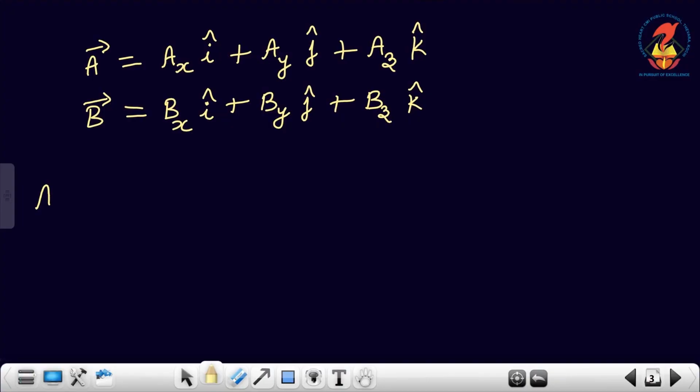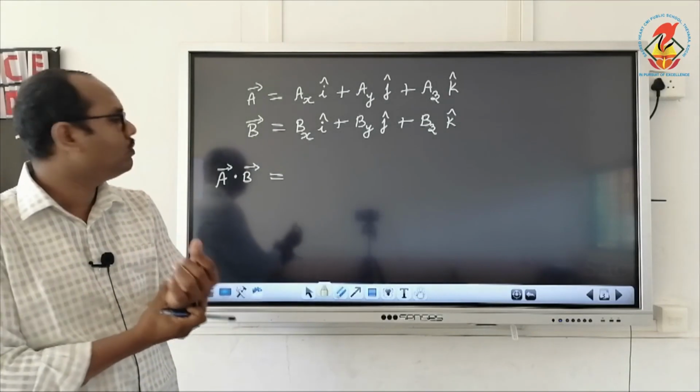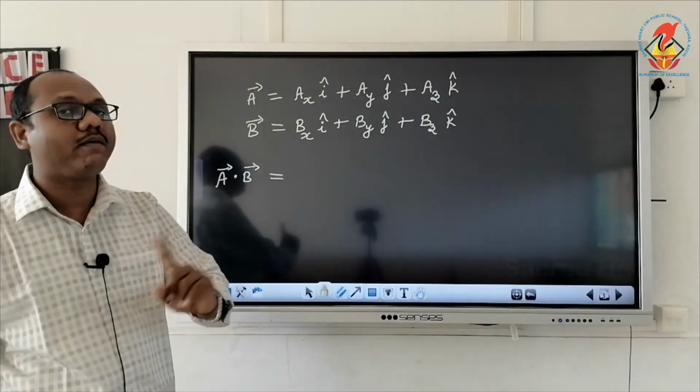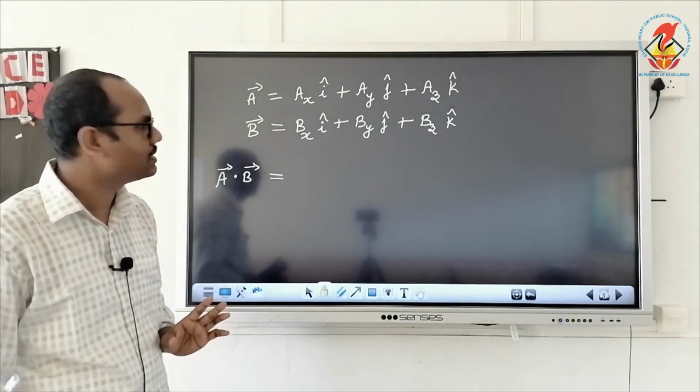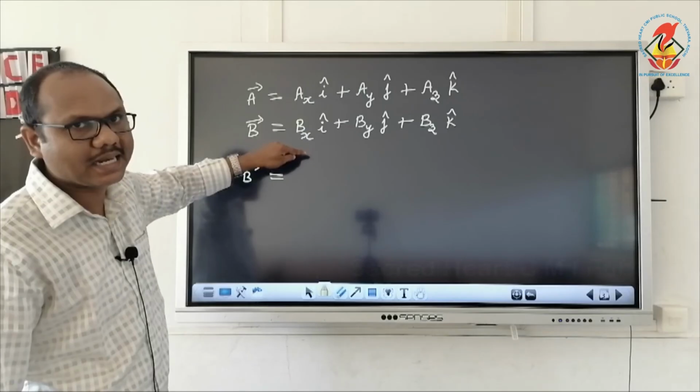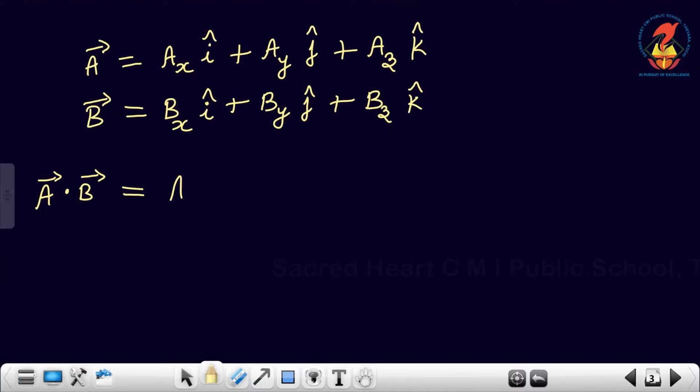So I wrote two vectors. Now I am asking you to find vector A dot vector B. So what will we do? How will you do vector A dot vector B? I told you, you have to multiply only the like axes. That means x axis and x axis. So Ax into Bx, i dot i is 1.